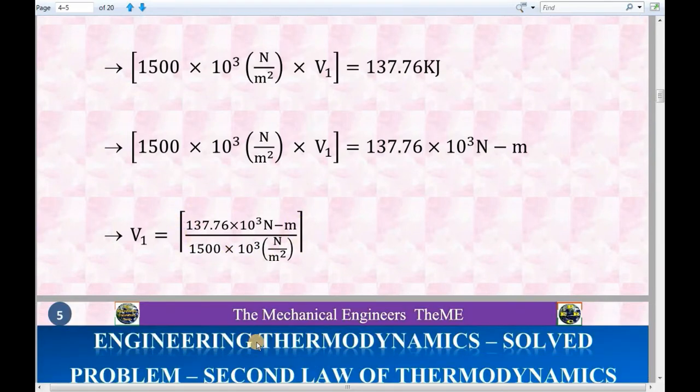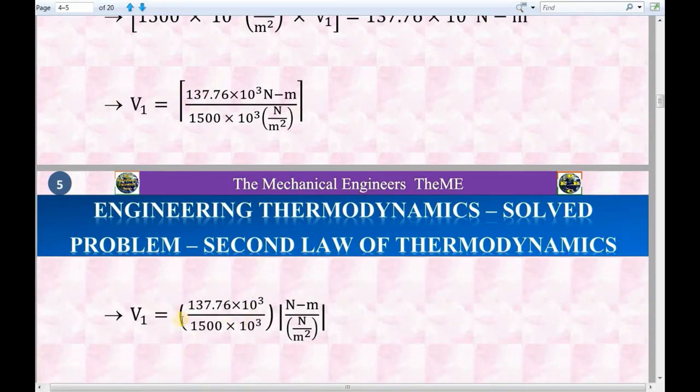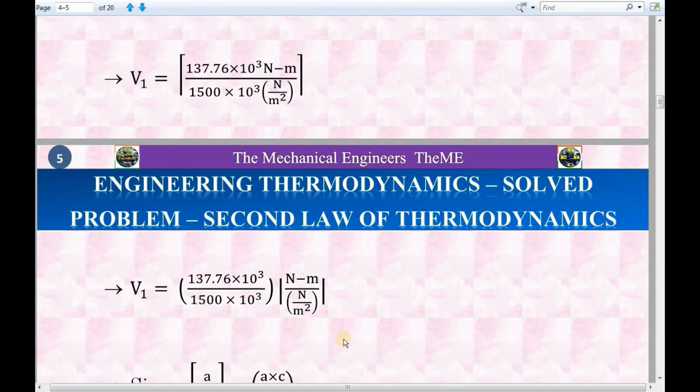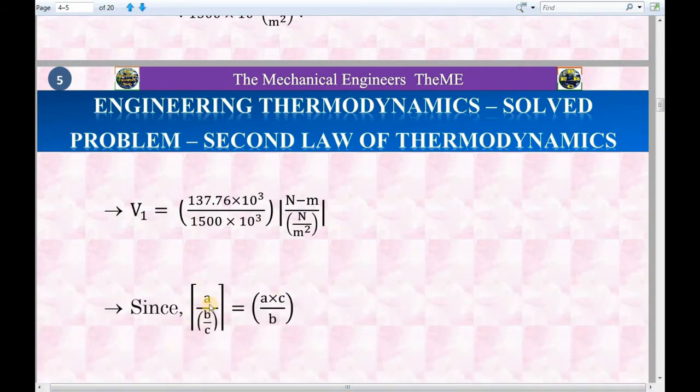We get V1 is equal to 137.76 into 10 power 3 divided by 1500 into 10 power 3 into Newton meter whole divided by Newton per meter square. In this RHS, Newton meter whole divided by Newton per meter square is Newton into meter square divided by Newton, because A whole divided by B by C is A into C divided by B.